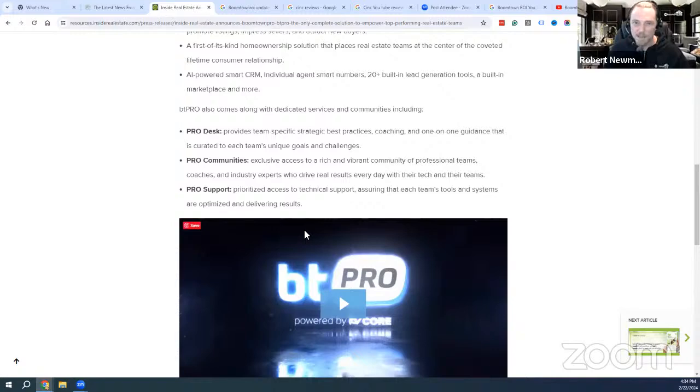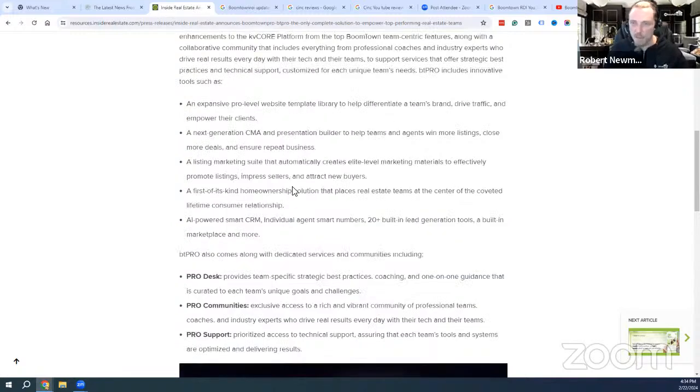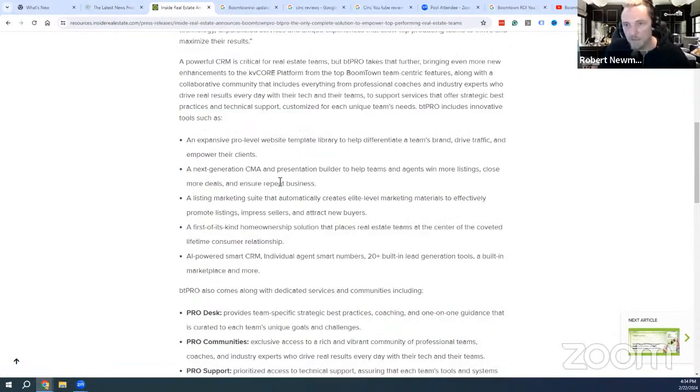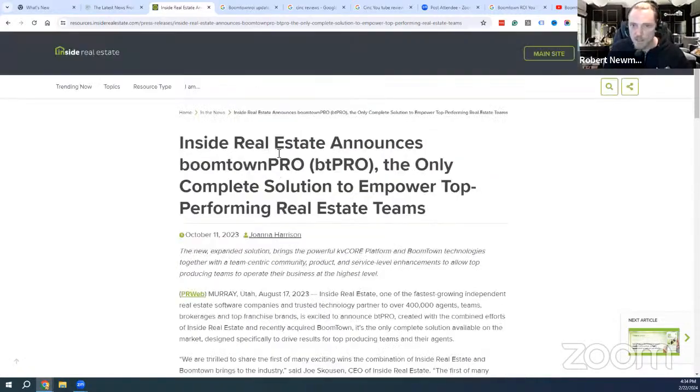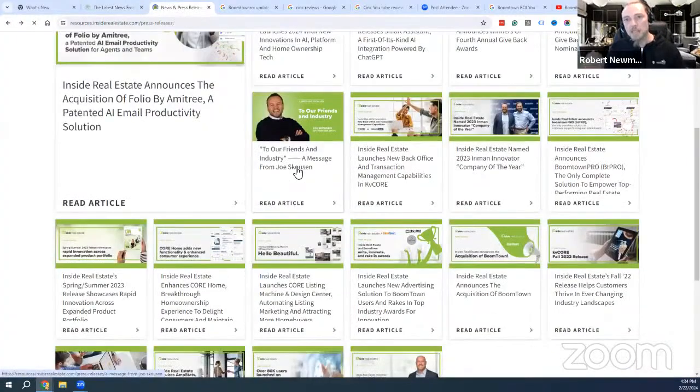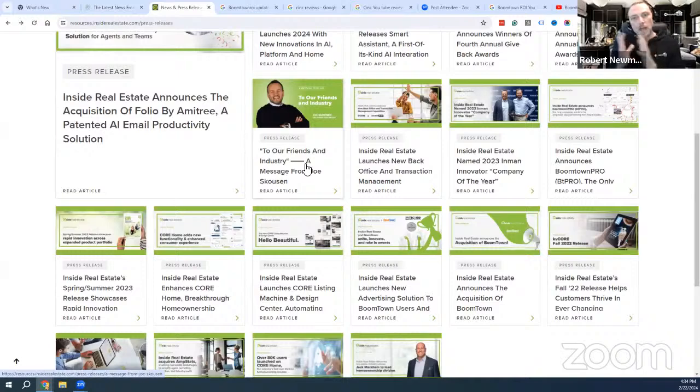They have not had time to change the BoomTown backend or make any deep, innovative technology switches. And as a matter of fact, this is the only mention of BoomTown inside all of their updates. So likely it's a content update. In other words, you've got some tools that you can get support from that were part of the kvCORE library that are just being transferred over to the BoomTown user base.